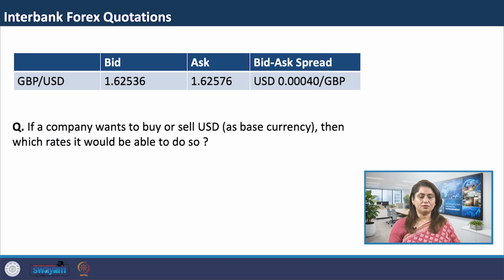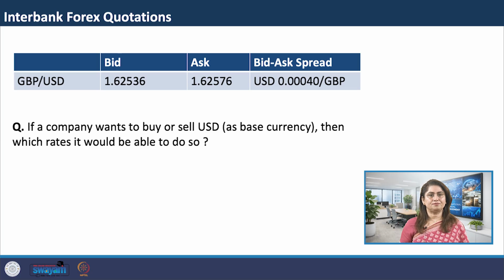So let us talk about these interbank forex quotations with the help of an example. Now let's see this question. In this question, we have been given quotations of different currency pairs. Here the currency pair is GBP by USD, and we have been given the bid and ask rate for this pair.